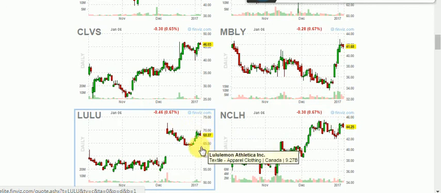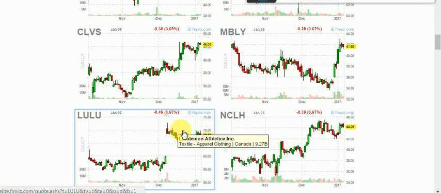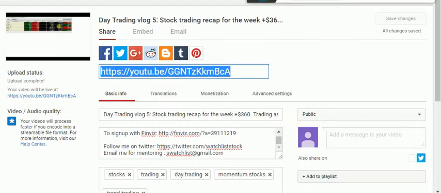I'll put this one actually, right? I mean, if we can do some more sideways consolidation next week, maybe this one can go. Let's try to load this up. Lulu.